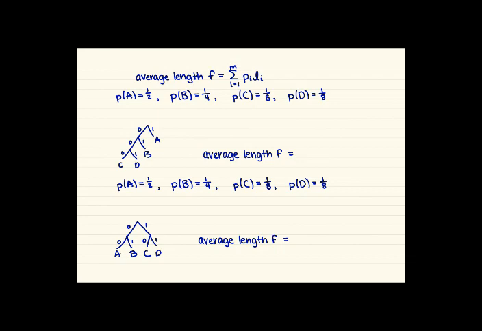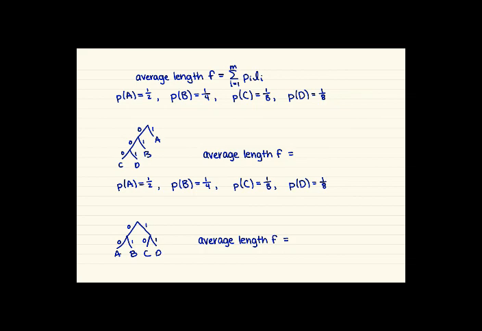So here we're looking at this example that we saw in the pre-lecture from Monday, where we built a Huffman tree for the characters A, B, C, D with these probabilities. So the probability of A is 1/2, probability of B is 1/4, probability of C is 1/8, and probability of D is 1/8. So we're going to start by writing down the lengths of the string of digits when these letters are encoded.